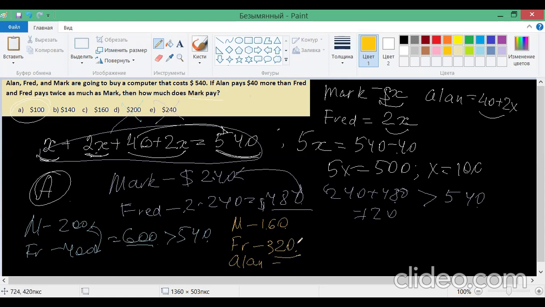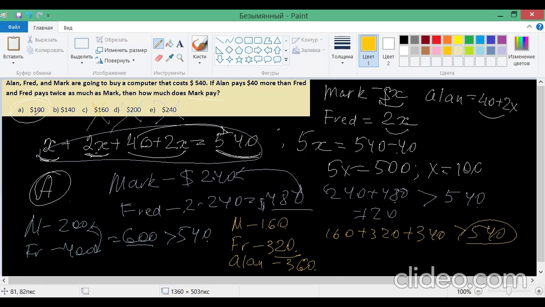And if we add 40 to 320, we'll get 360. Okay, 360. In this case, we got this sum, which is much more than the amount of money we actually need, which excludes this option too.